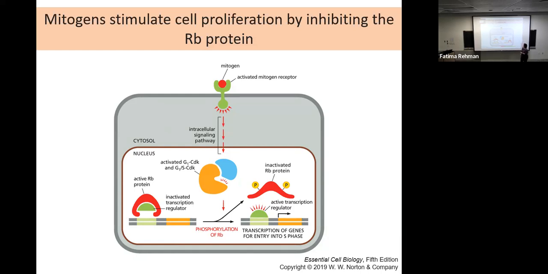When you have the activated CDK for the G1 to S transition, it's going to phosphorylate the RB protein, which makes it inactive. It can no longer bind to the regulator. If it can no longer bind to the regulator, the transcription regulator is free to work. And it can activate transcription of genes that would help the cell enter S phase.